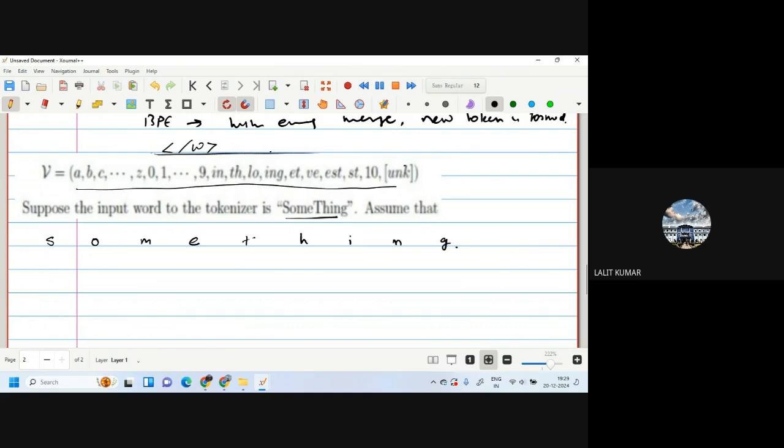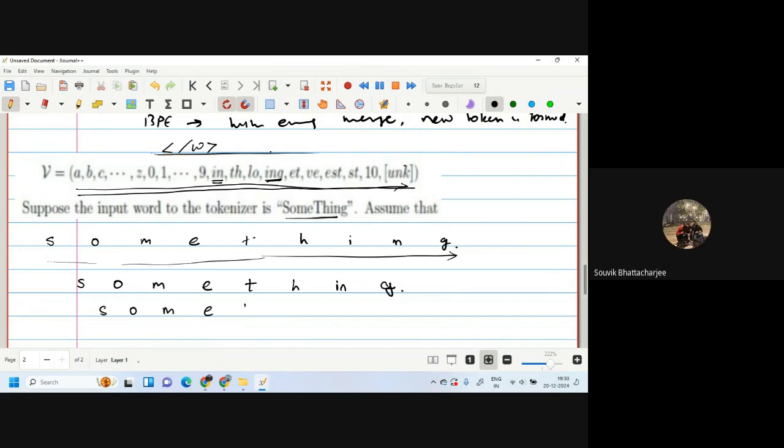So when it passes through the first time, what will it encounter first? It will encounter IN first. So in the first pass it will become something. And in the second pass, when it comes, it will encounter ING.